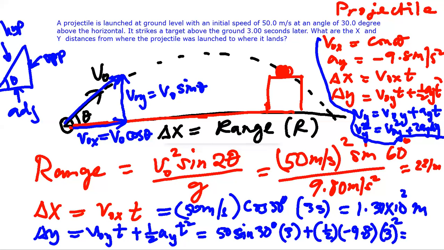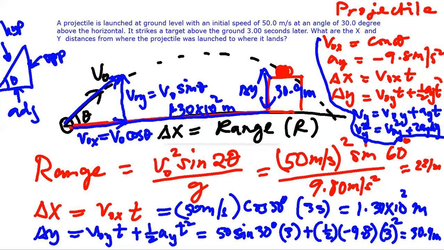And that will give you 30.9 meters. So that means the projectile landed here, 30.9 meters, and your x was more than 30 meters, or 1.30 times 10 to the 2 meters.